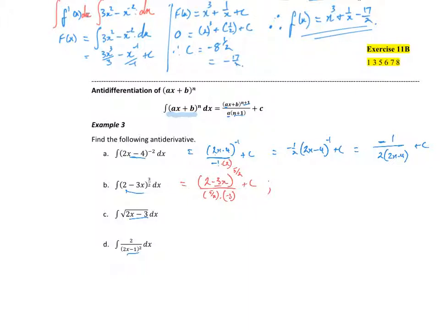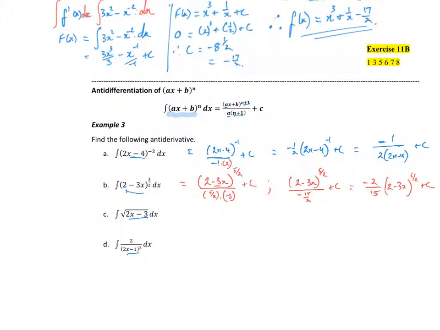I'll get 2 minus 3x to the 5 on 2 over, well, 5 on 2 times negative 3 is negative 15 on 2. And that's equal to, let's flip it upside down, 15 outside of 2 minus 3x to the 5 on 2 plus some c. All right, so whether that's like that or you put the 15 in the denominator under 2 minus 3x, it's the same thing.